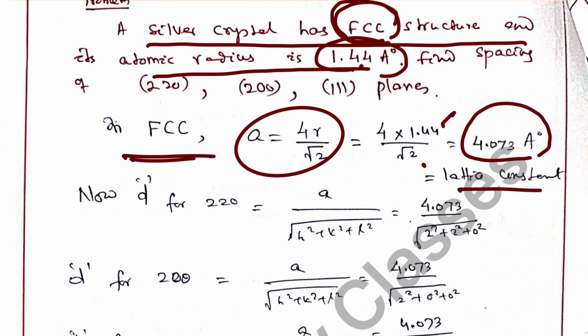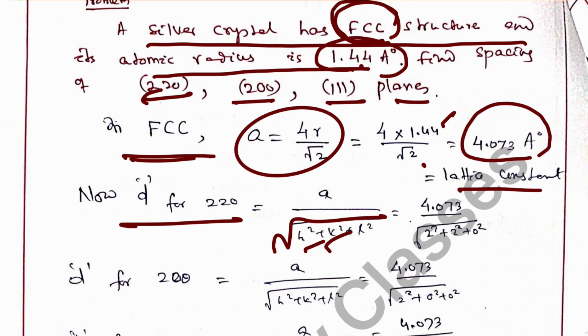Now d for the 220, 200, 111 planes we can find out separately. d for 220 is equal to a by the root of h square plus k square plus l square. So accordingly we put the value of h is 2, k is 2, l is 0.